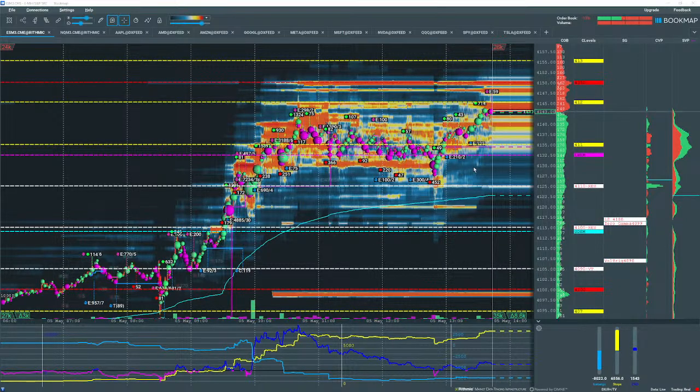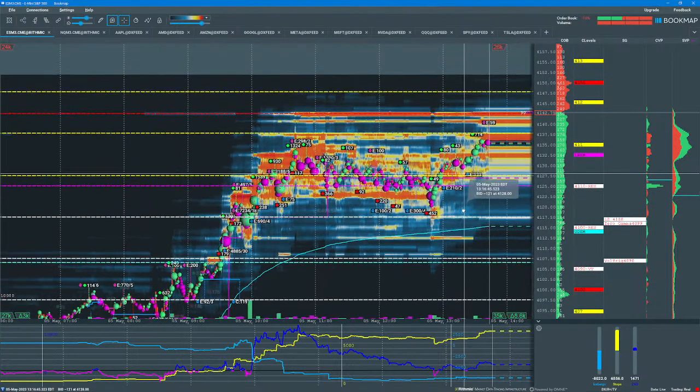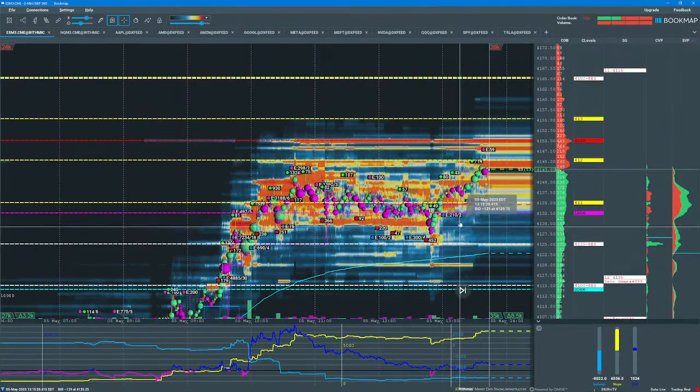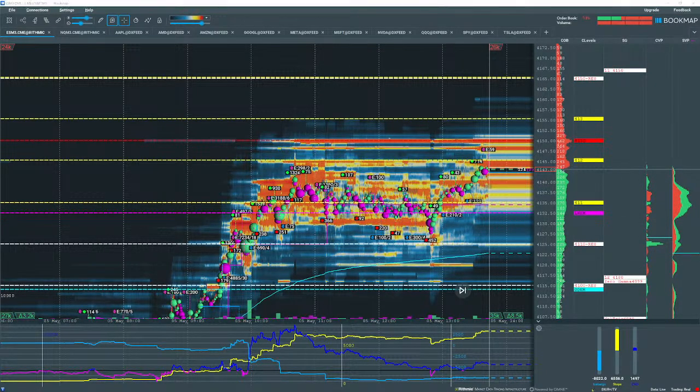Let's just scroll up just a bit and see what's up ahead. So the next levels of interest above, here's the ES 4150 level, and then the SPX 4150 resistance level. So if the rally continues, those levels could potentially be in play.